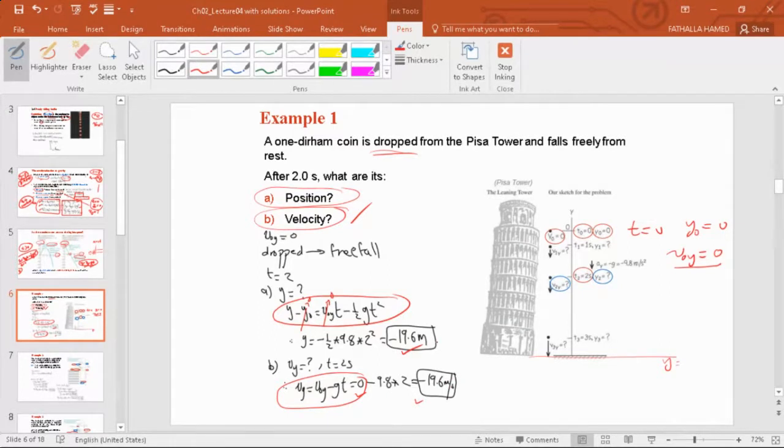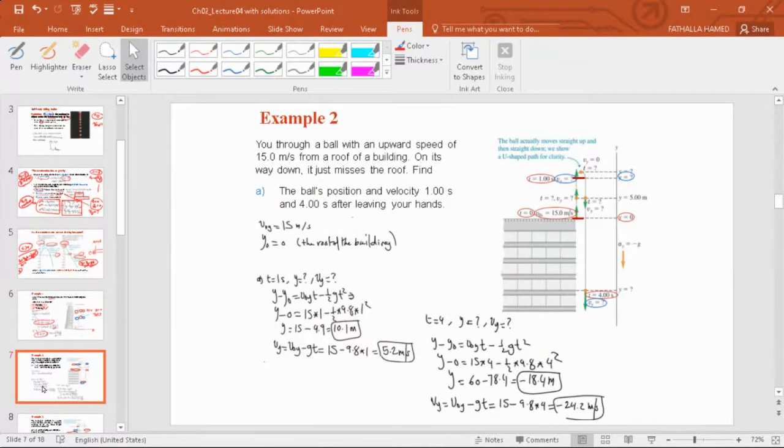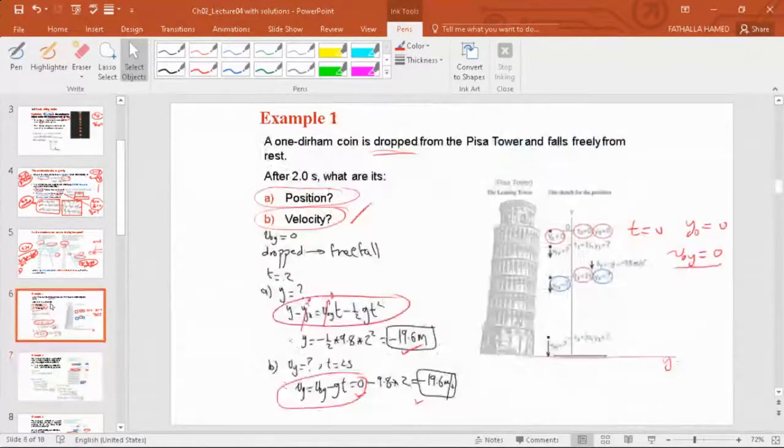The numbers just happen to be the same, but that's not necessarily the case. Okay. So that's after 2 seconds. So you look at your situation and you make use of your equations. Is this clear? Now, this is basically how you apply your equations.